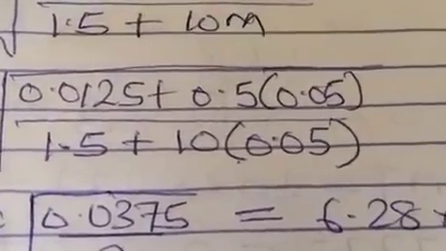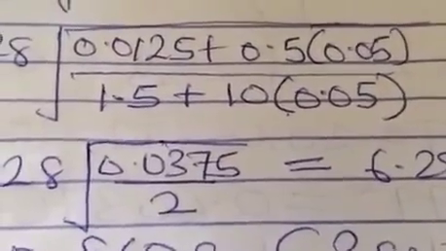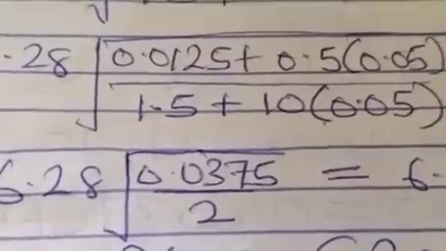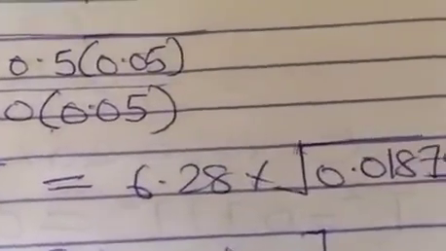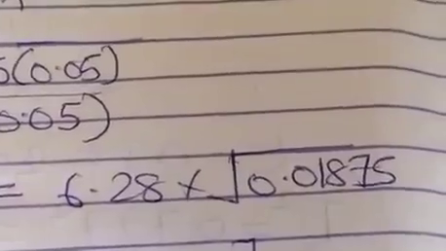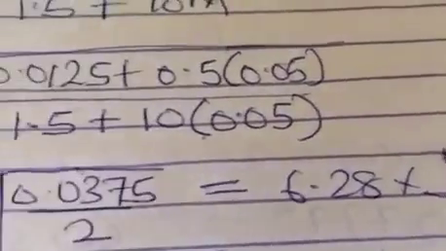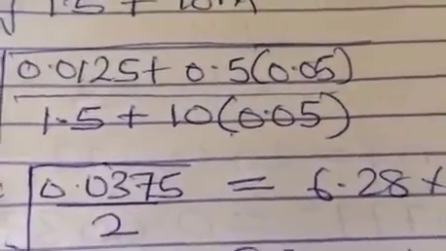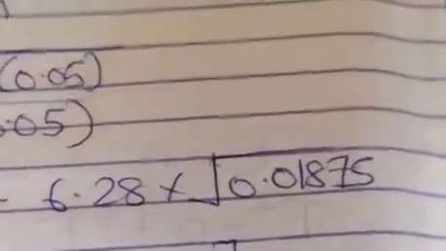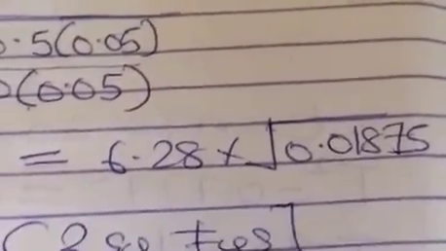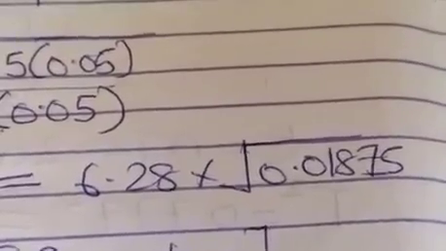Solving everything inside that square root, both up and down, we'll have 0.0375 over 2. Then that will give us 6.28 times the square root of 0.01875. If you divide 0.0375 by 2, you get 0.01875.